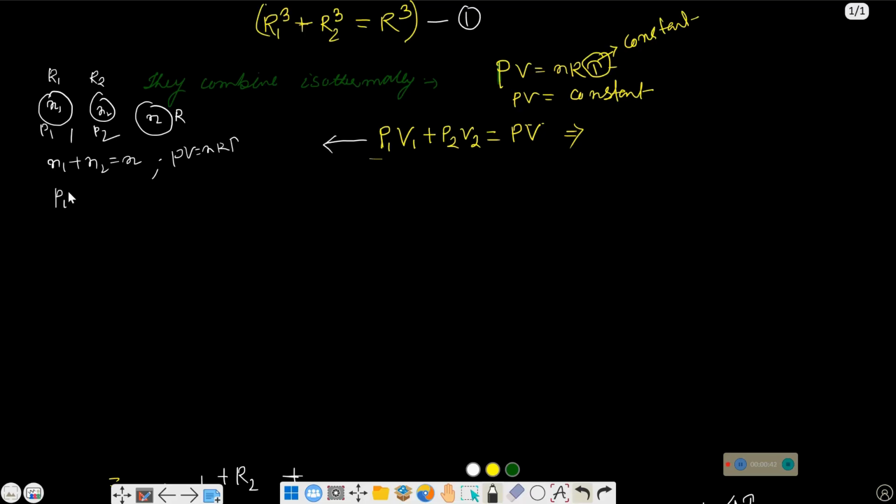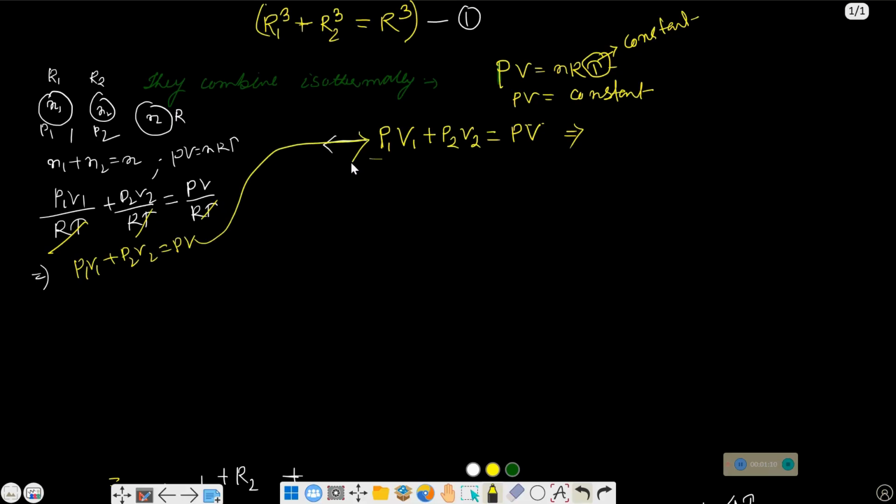So P1V1/RT + P2V2/RT = PV/RT for the bigger bubble after combination, where R is the universal gas constant. Since temperature is constant, it gets cancelled and we are left with P1V1 + P2V2 = PV, and this is this equation.